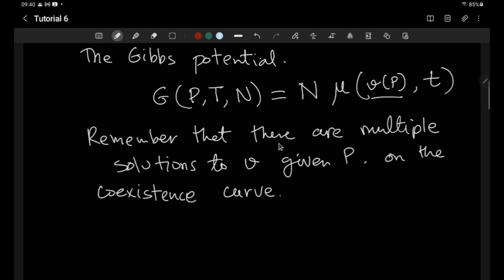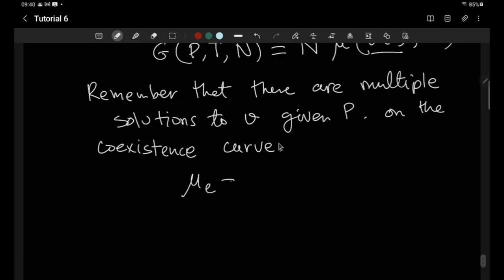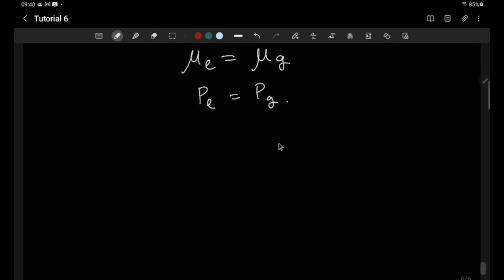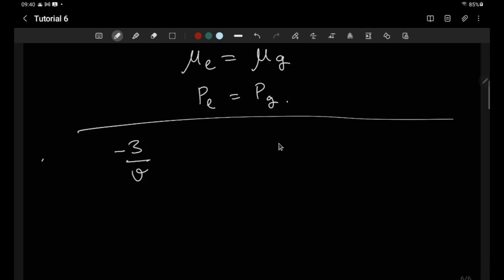But if they are coexisting, mu L should be equal to mu G. This is one condition, and the pressure should be equal. These are the two conditions. So we get some ugly equations, ugly in the sense that they are complicated. So this is PL equal to PG, I guess, 3 by VL square. Here by VL I mean the solution for the liquid phase, the value of V which corresponds to the liquid phase.